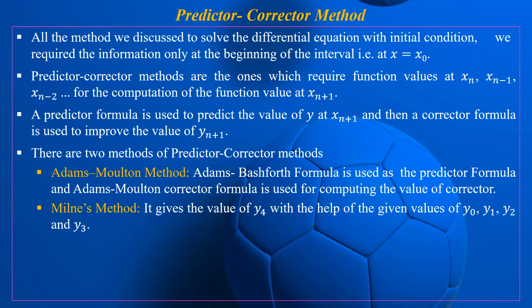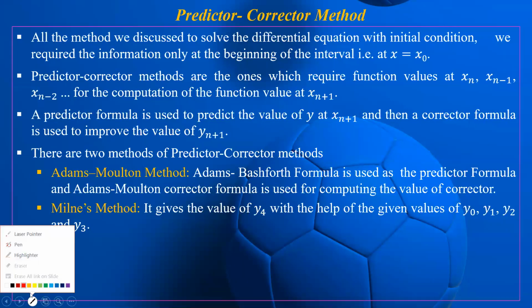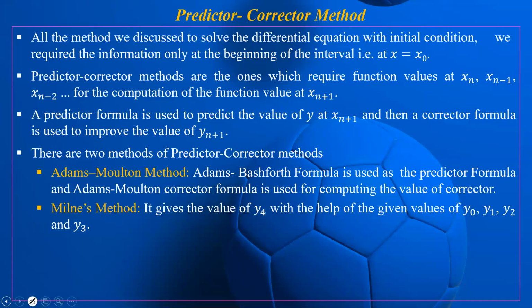If we are given a differential equation and want to solve it, at that time we will take one value. If we discuss Euler's method, let us write it down. In Euler's method, we first calculate y1 with the help of the formula y0 plus h f of x0, y0.